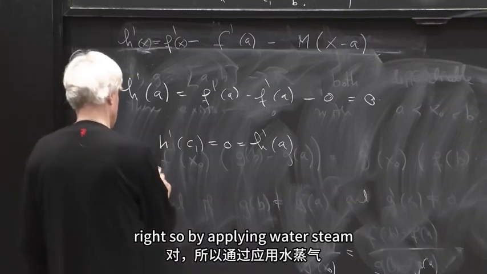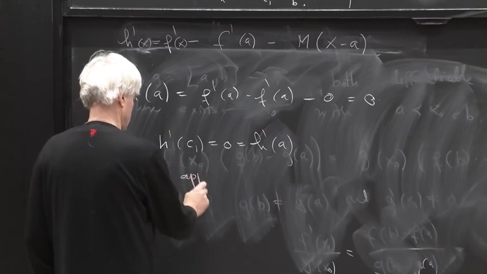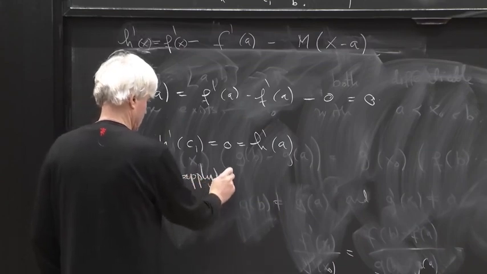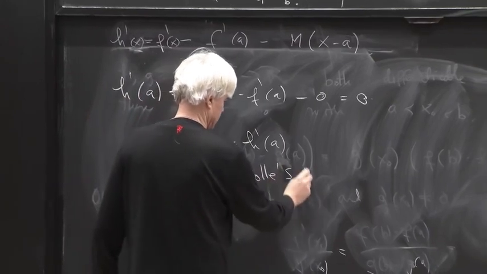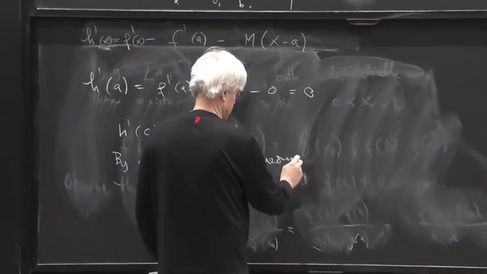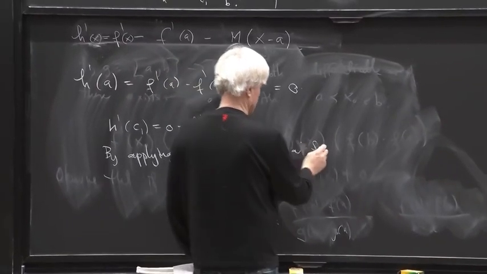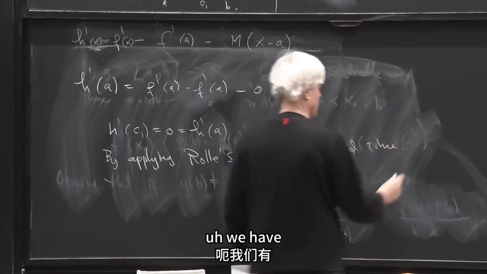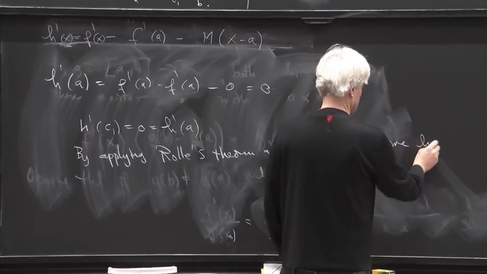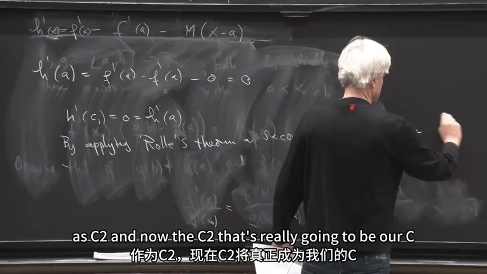So by applying Rolle's theorem a second time, we have a C2.